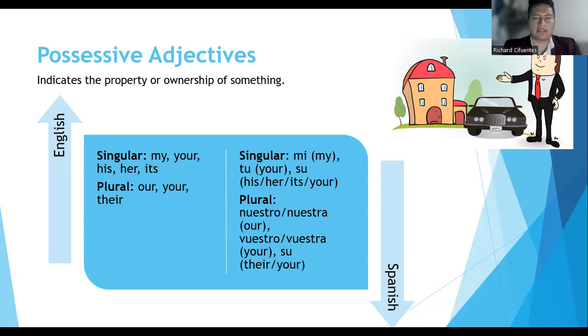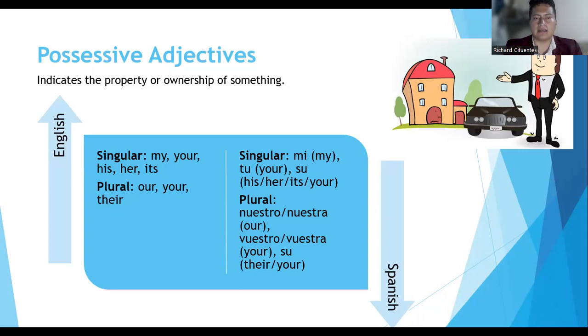Okay, for example, the possessive adjectives in both languages precede the noun. For example, I can say my car is red. I can say the same in Spanish in the same grammatical order: Mi coche es rojo.